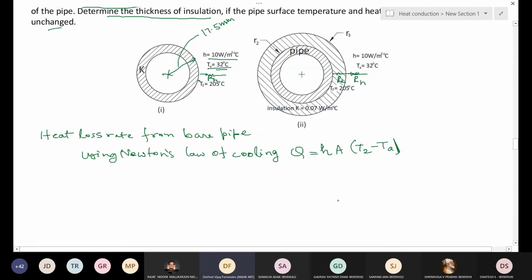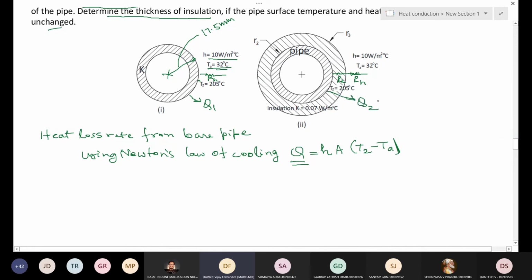So first find out the Q value, the allowed rate of heat transfer. This one is Q1, from the wall to the fluid. Then the rate of heat transfer after the insulation, say Q2.